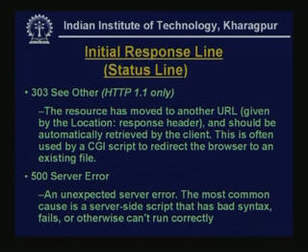This is often used by a CGI script to redirect the browser to an existing file. 500 is a server error, an unexpected server error. The most common cause is a server side script that has a bad syntax or fails or otherwise cannot run correctly.